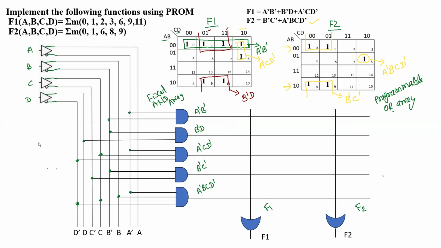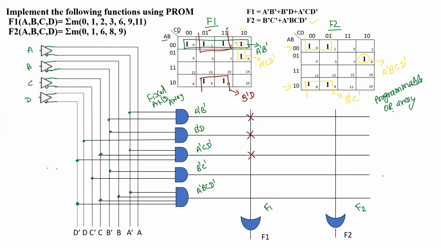In case of F1, we see what product terms are there, and at the corresponding AND gate output and this logic array wire we are going to mark a cross. This cross shows the fuse is intact, so it is the logic 1 state. So for the function F1, we have A dash, B dash, B dash, D, and the third one is A dash, C, D dash.